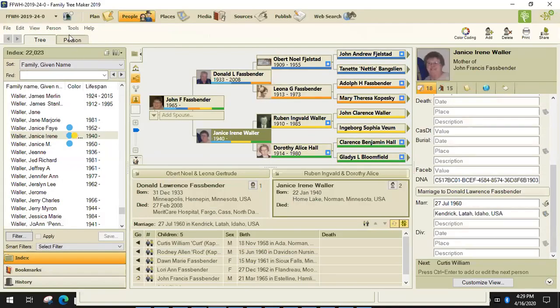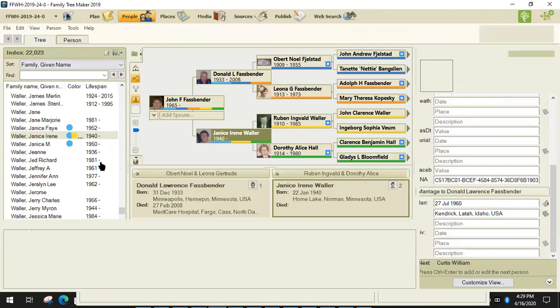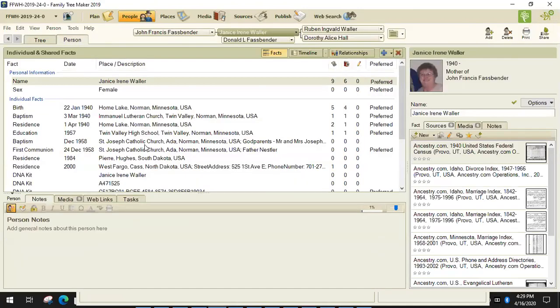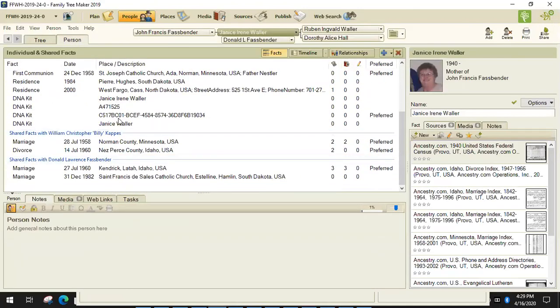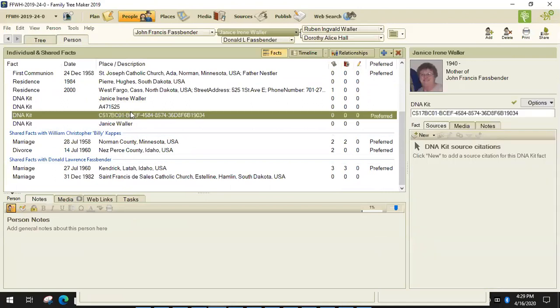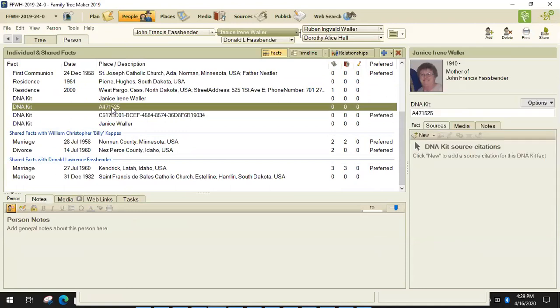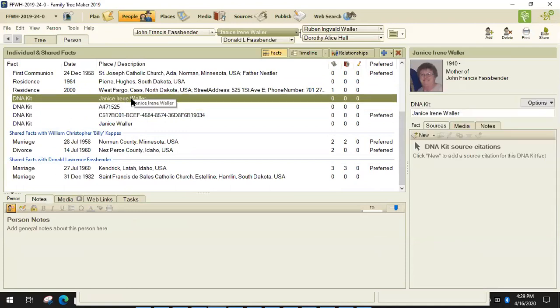So what you can do here is you can have more than one DNA fact type. So here for my mom, this is how Ancestry knows her. This is how GEDmatch knows her. This is how MyHeritage knows her.